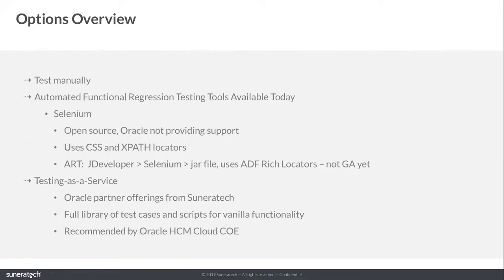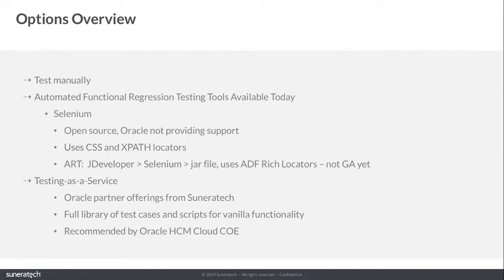Then we have this tool that some of you may have heard of coming out of Oracle. It's called ART. And imaginatively enough, it stands for Automated Regression Testing. The way ART works is we have built an Oracle proprietary jar file that allows you to run Selenium within JDeveloper.